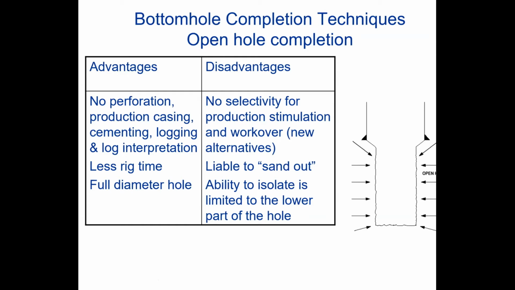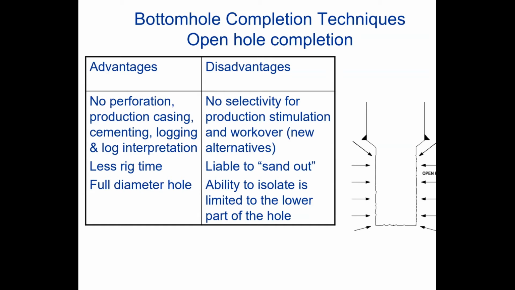Open hole means that there is no casing. The benefit here is that there is no perforation. You save the cost of cementing and logging, because if you cement it, you need to know which part you need to connect. So that's why you need to do logging and log interpretation.